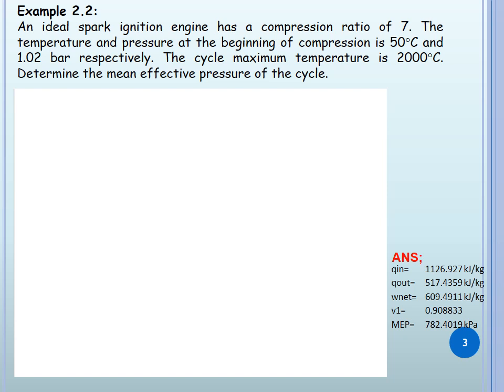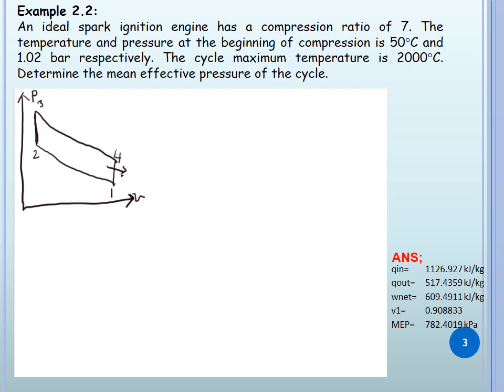But at first, it is important that we sketch the PV diagram of the Otto cycle so that we can see it clearly. The processes occur at 1, 2, 3 and 4.